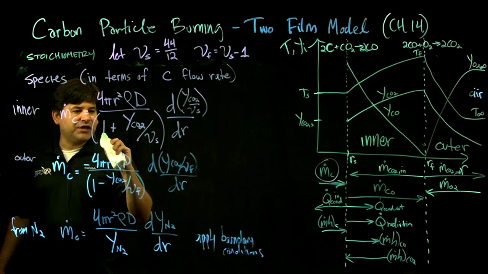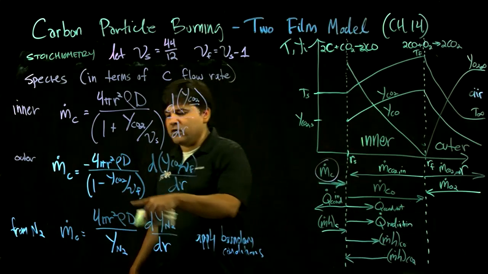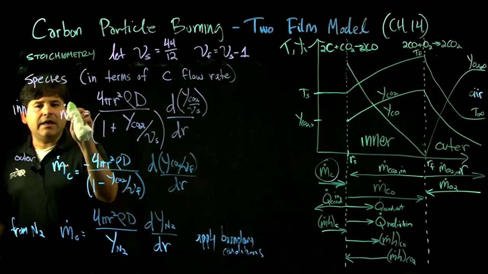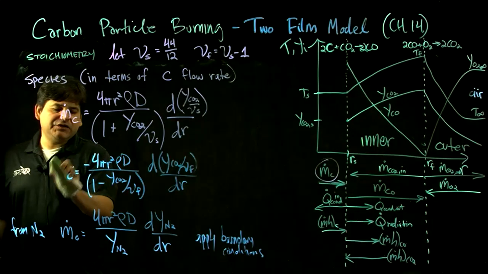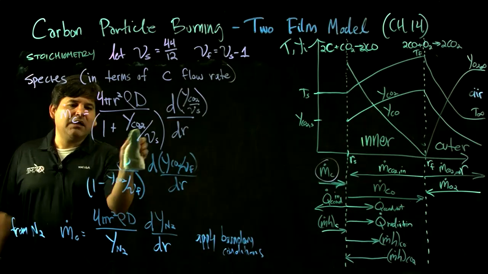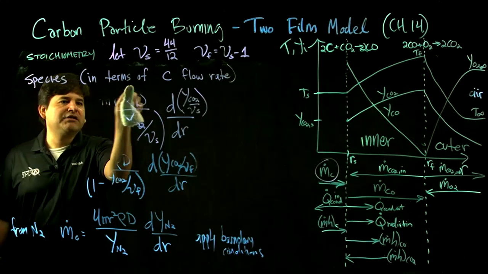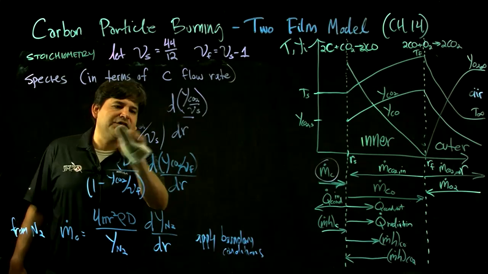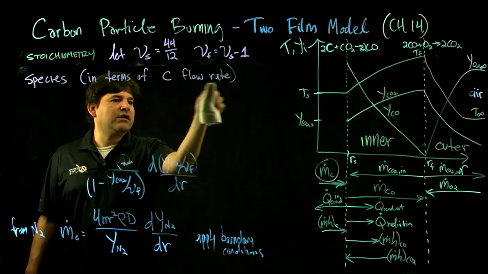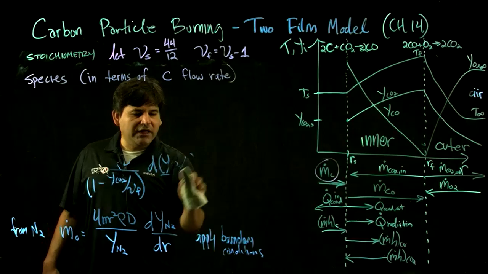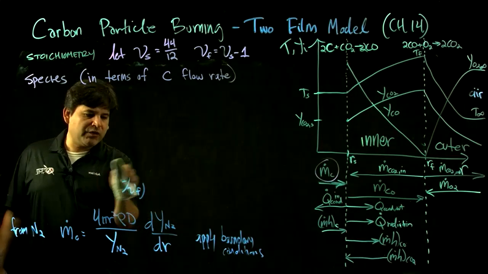By mass conservation, we're able to express the CO2 flow rate, CO flow rate, and nitrogen flow rate in terms of carbon. And applying the boundary conditions, these all should balance out each other. So the solution to these ODEs will be some algebraic expressions, some analytical expressions that we may not be able to solve on paper, but we don't need an ODE solver. We've already solved the ODE, then we just have to solve these resulting algebraic expressions.